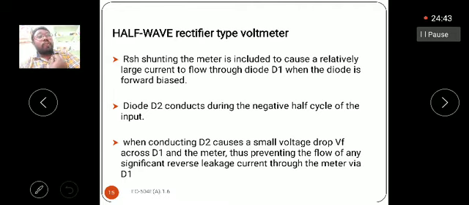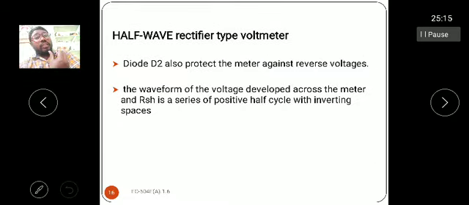When diode D2 conducts during the negative half cycles of the input, it causes a small voltage drop across D1 and the meter, thus preventing the flow of any significant reverse leakage current through the meter via D1. This is the half wave rectifier. The diode D2 also protects the meter against reverse voltages.